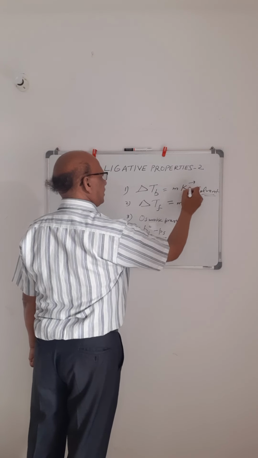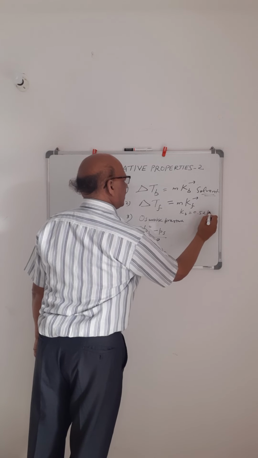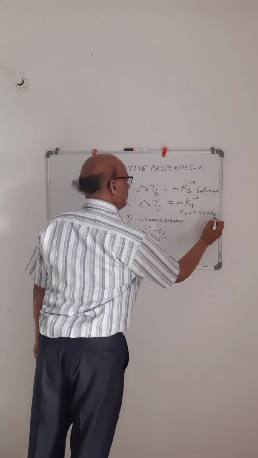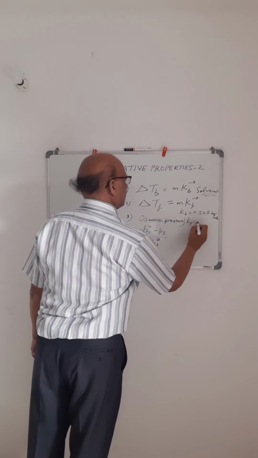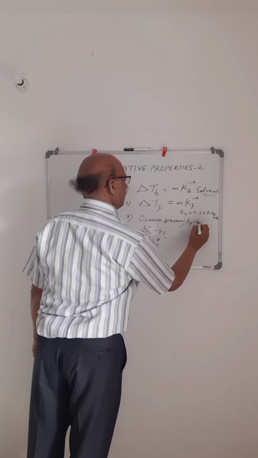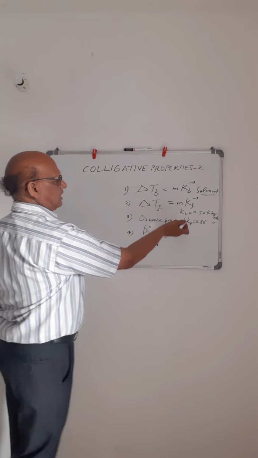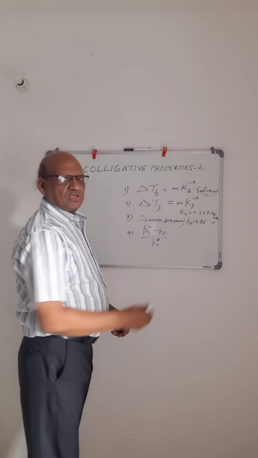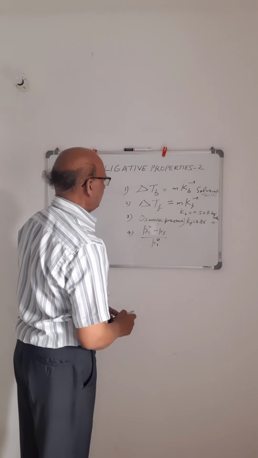Like for water, this Kb is 0.52 Kelvin kg per mole, and your Kf is 1.86 Kelvin kg per mole. This is for water. So similarly for other solvents, these Kb and Kf values will be different.